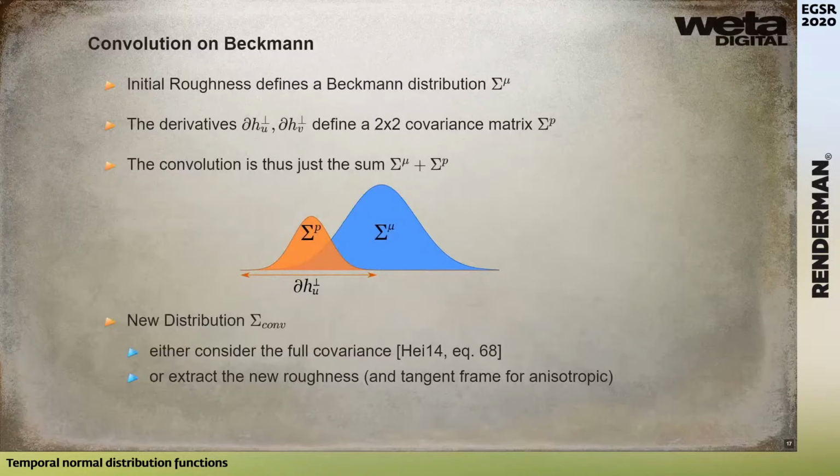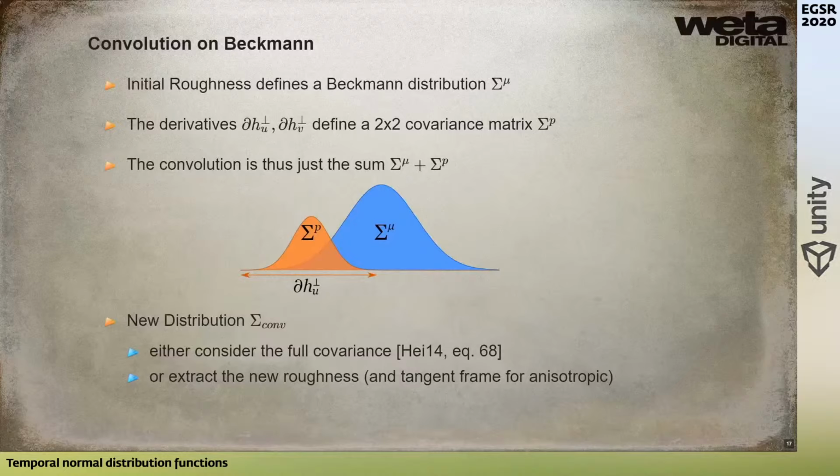The result is our final combined distribution, sigma conv. Given the first-order derivative and the fact that the mapping from spherical to slope domain is not preserving the Gaussian shape, this results in an approximation. For low to moderate roughness, as in this case, it works well.